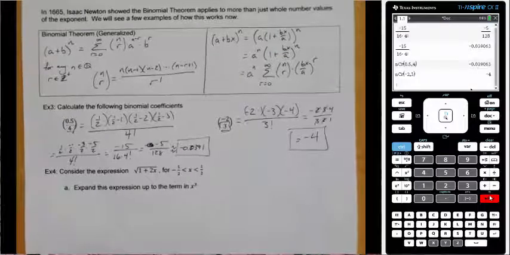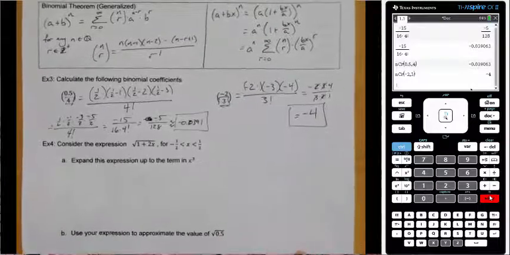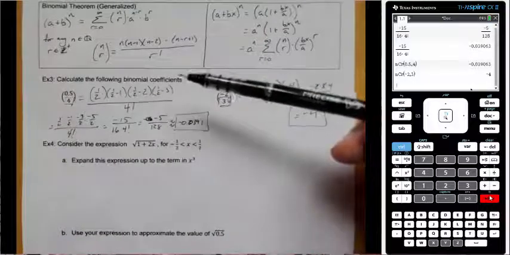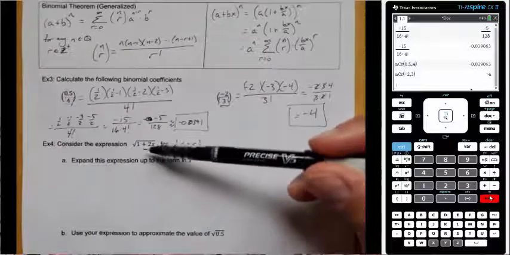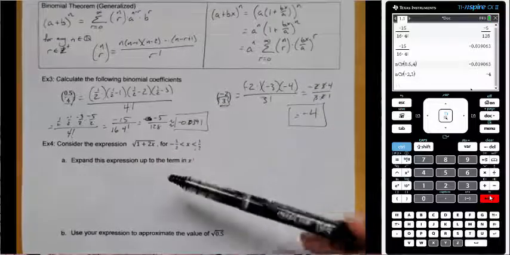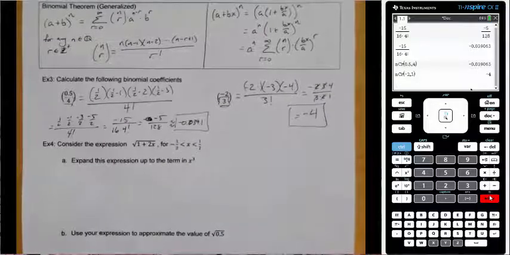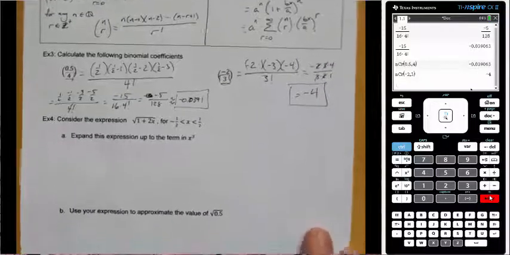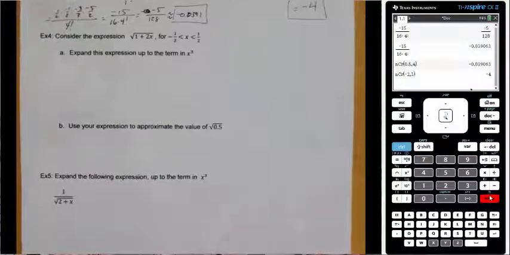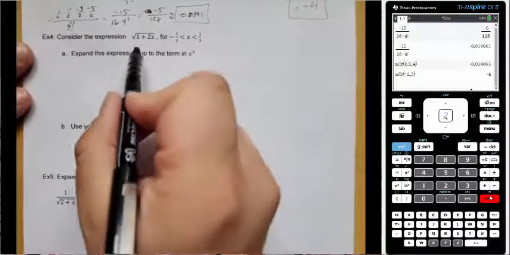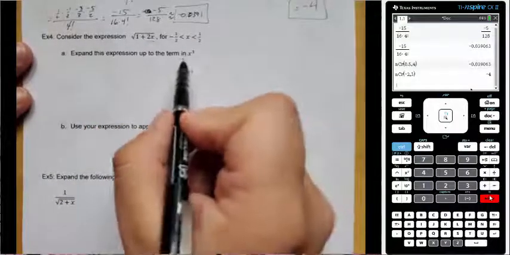Okay, let's use this in combination with this generalized binomial theorem to get some expansions, some approximations for the series, and then we're going to use it to calculate some values, actually values that it'd be kind of tough to calculate prior. Let's expand this expression up until we get to the x to the third term.